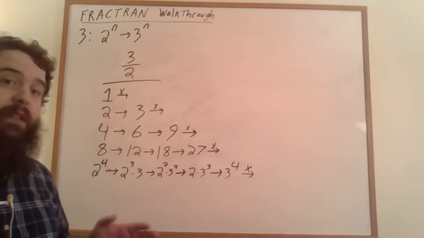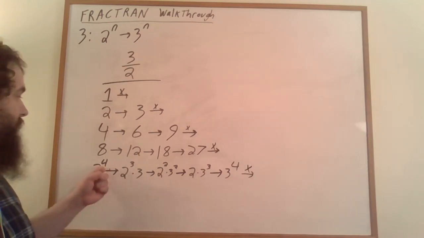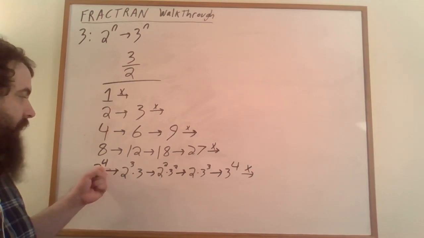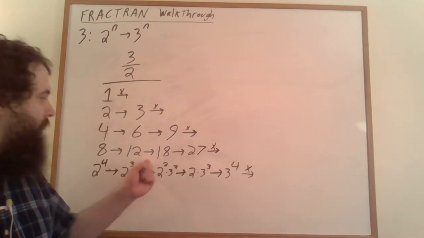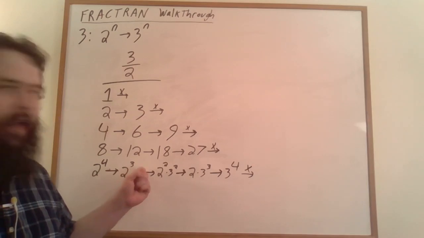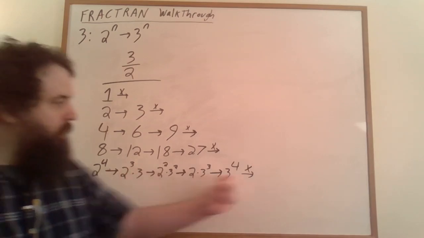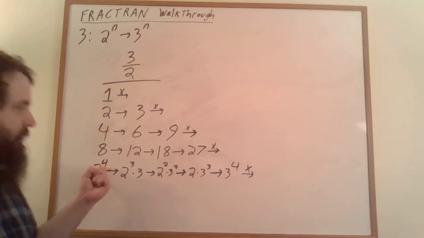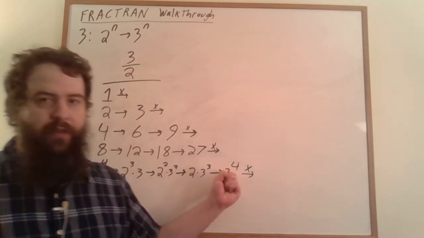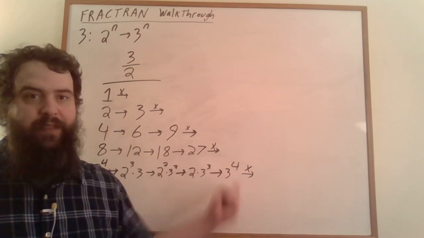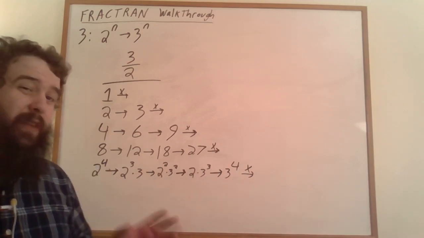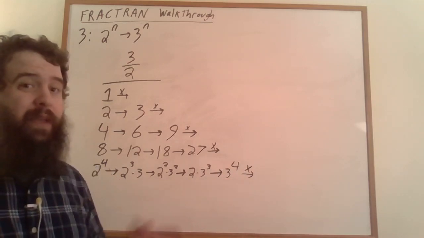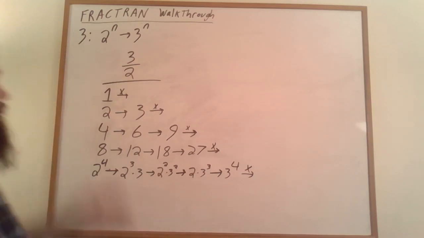So now it should be clear what's happening. We're taking the exponents of 2 in the prime factorization and moving them one by one into the exponents of 3 until we're done, and we've moved all of these 4 units over from the 2 exponent to the 3 exponent. And this is really the essence of programming in FRACTRAN. First of all, we get a free loop.